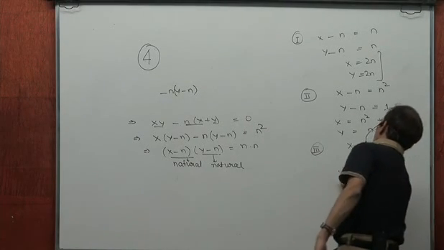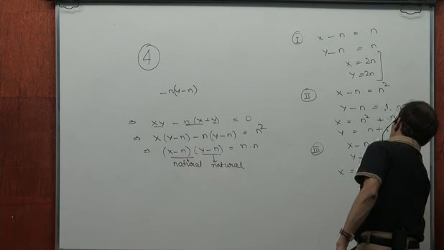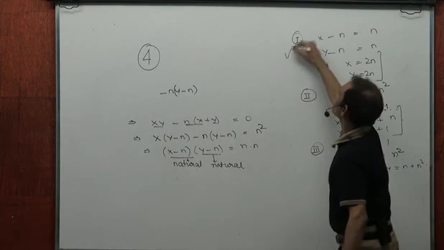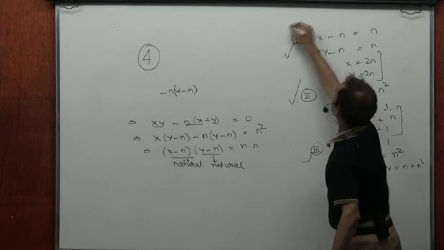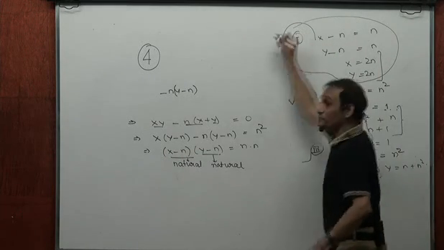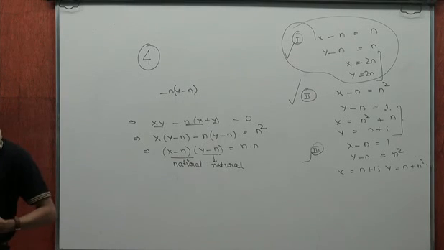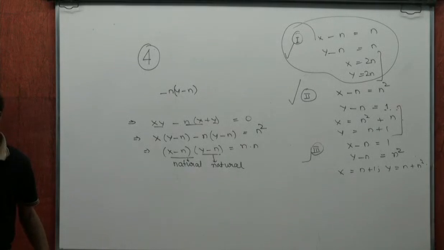This gives me x equal to n plus 1 and y equal to n plus n squared. So 3 sets of solutions that we've obtained. This one was readily available out of inspection, and once we got into the details, we figured that this is not a unique solution. There were more solutions available to this.